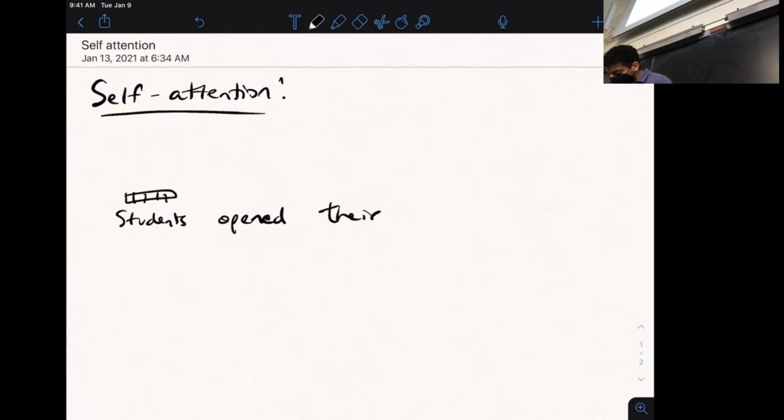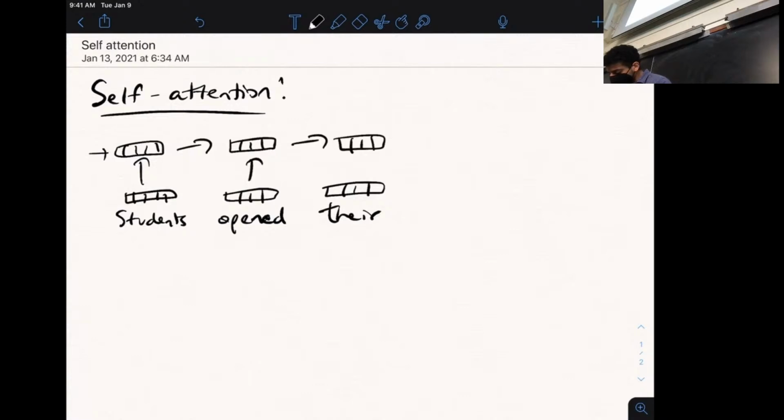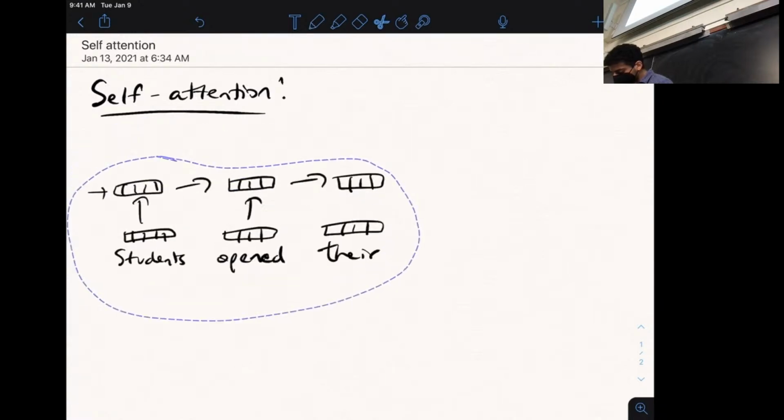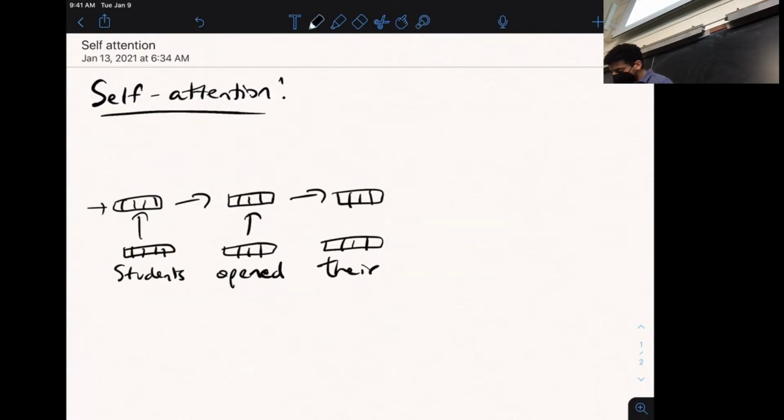And in a recurrent model, I'm not going to draw this h sub 0. We have this. And then at each time step, I'm going to predict opened, predict there, and predict books.